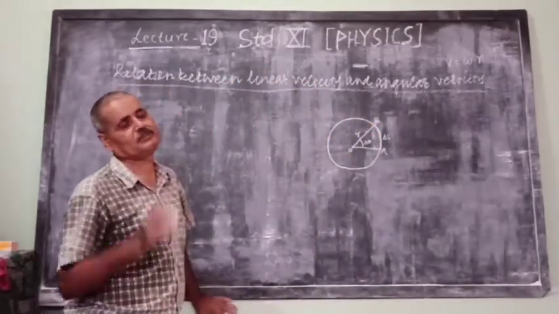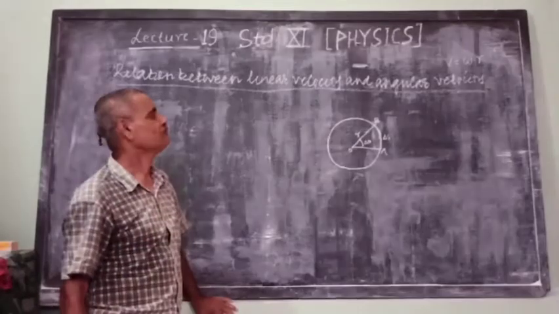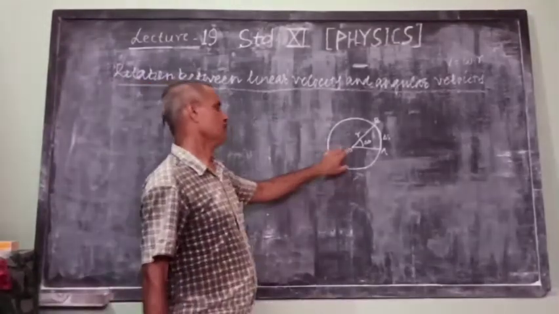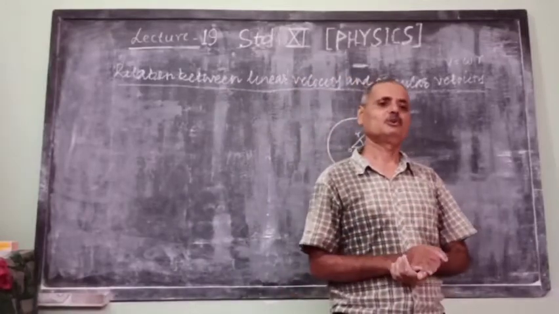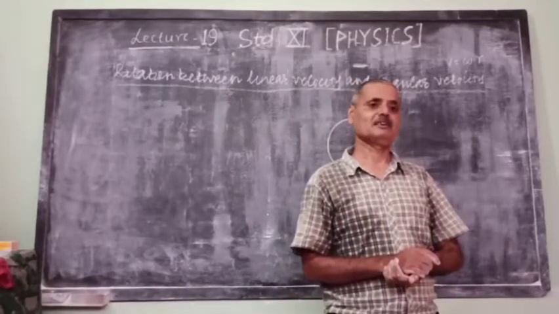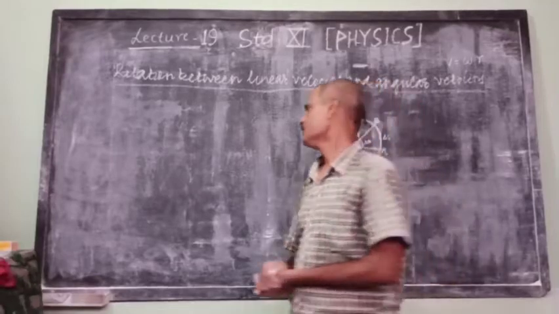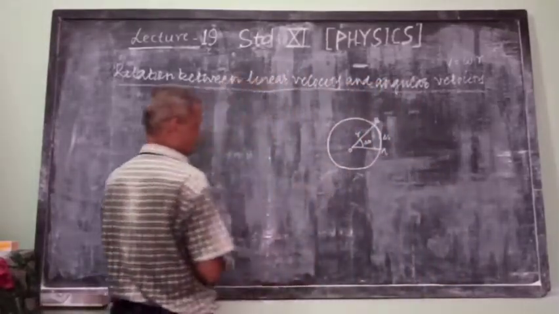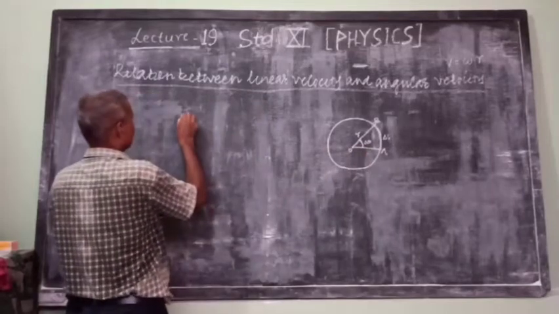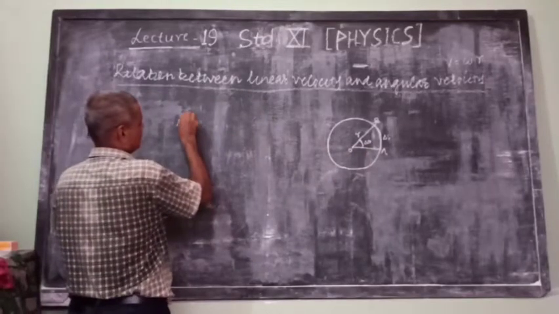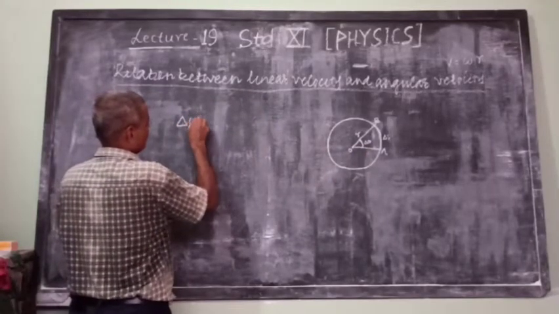Recall, there was a formula for theta is equal to L by R radian. We have studied theta is equal to L by R. Here, this is your delta theta.